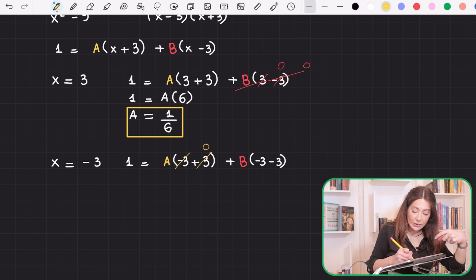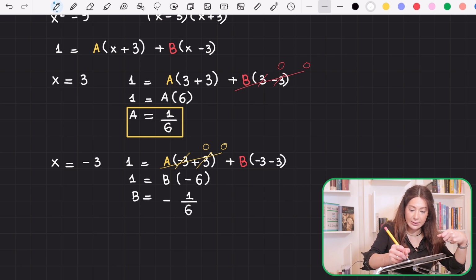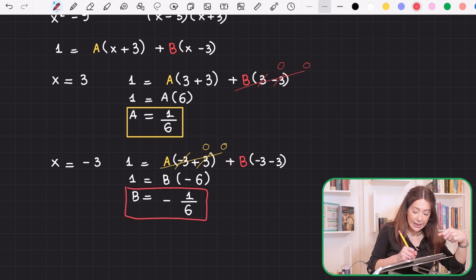That turns 0. The entire thing is 0. So I ended up with 1 equals B times -6. Okay, B equals -1 over 6. Found both coefficients, exactly what I needed.